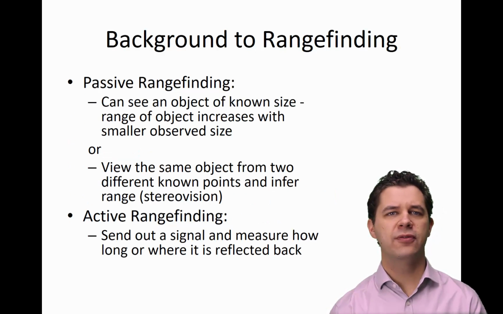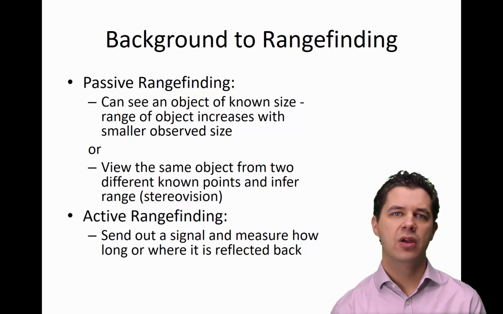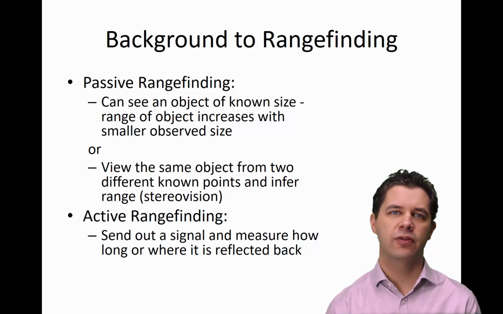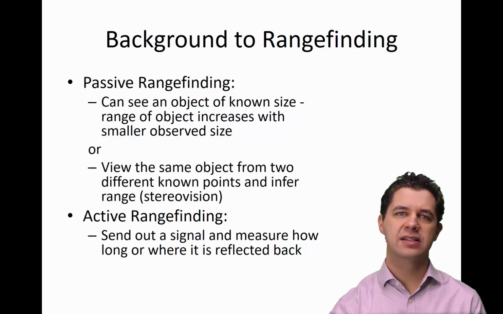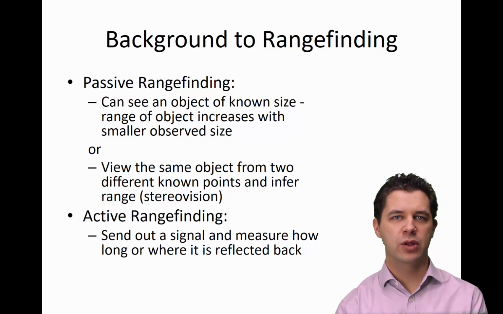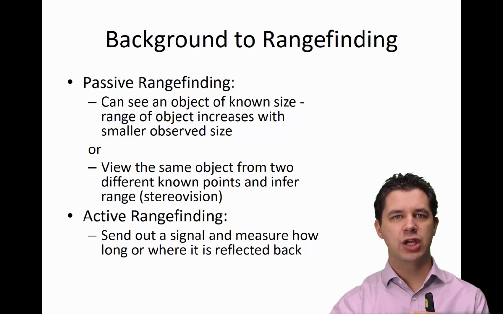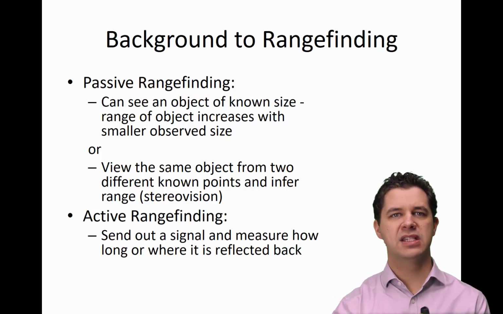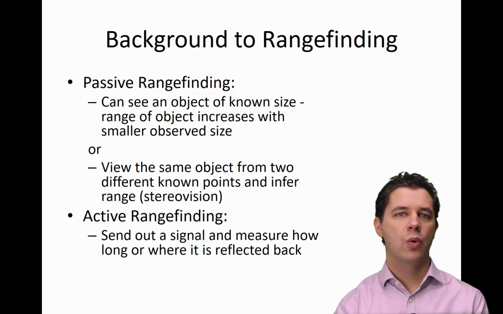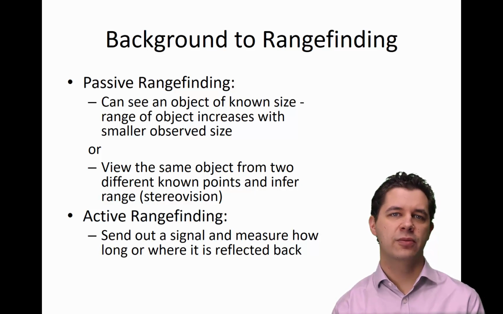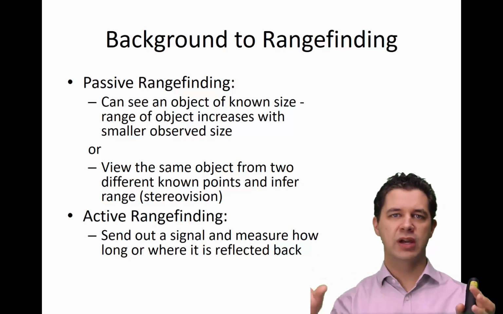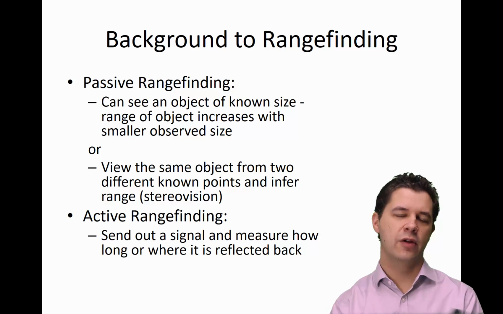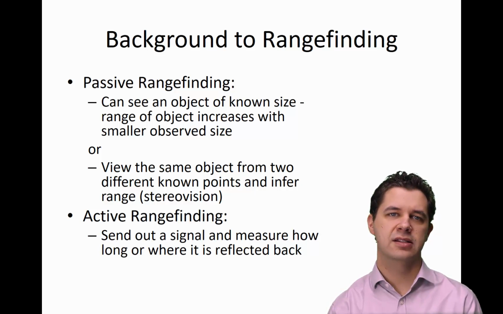So we have a few different types of range finding. Firstly, we've got passive range finding, where we can see an object of a known size, and based on the fact that as the range increases the object appears smaller, or we can view the object from several different points, not going right up to it, but viewing it from here and then from over there, and using stereo vision to triangulate the distance.